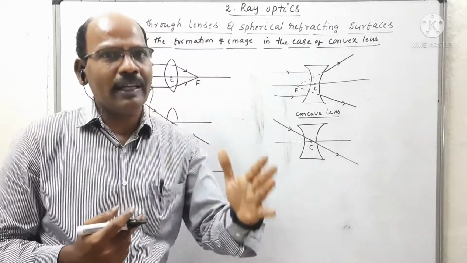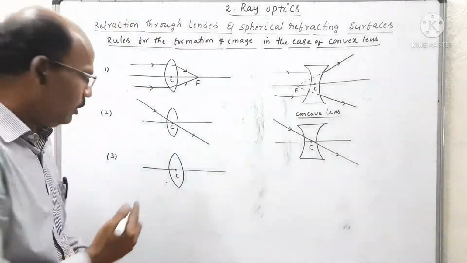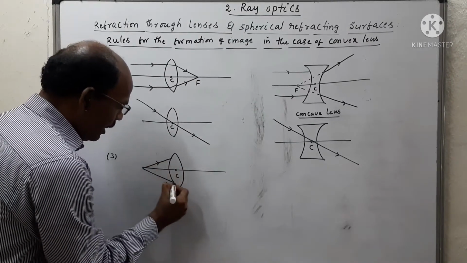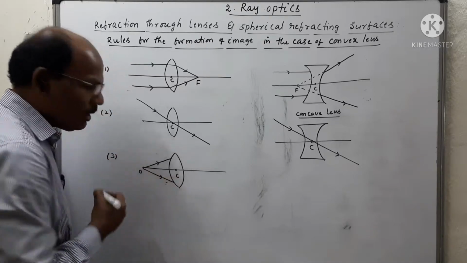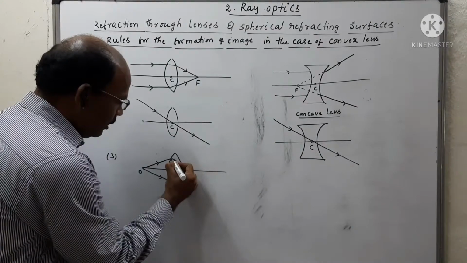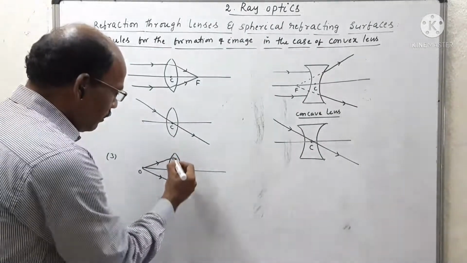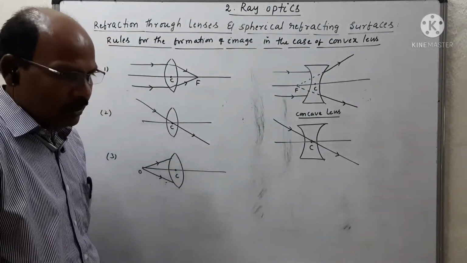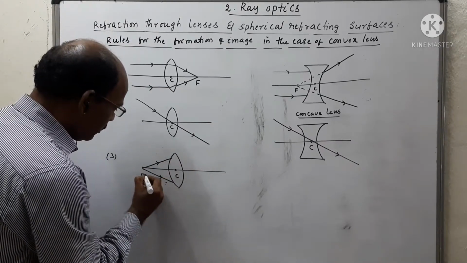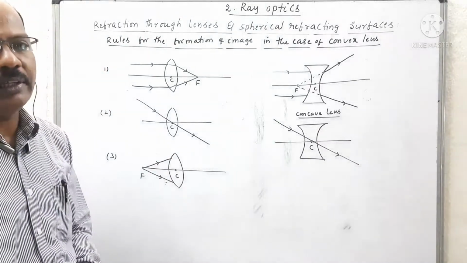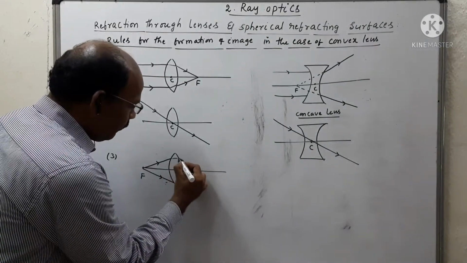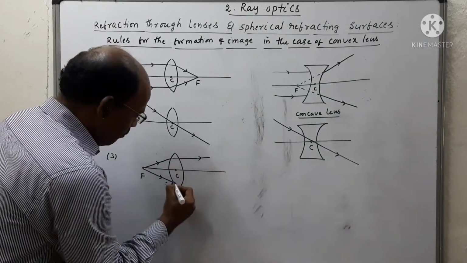Depending upon the two, we can explain the third important rule. Suppose these are the light rays coming from the object O. After refraction takes place, the two light rays become parallel. So this is called the focus. The rays coming from the focus of a convex lens, after refraction, produce a parallel beam of light.